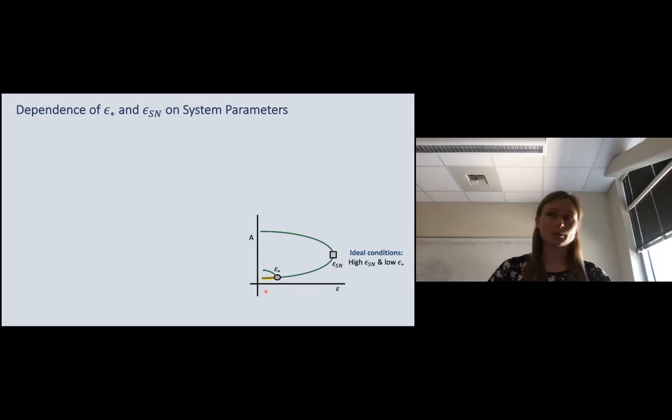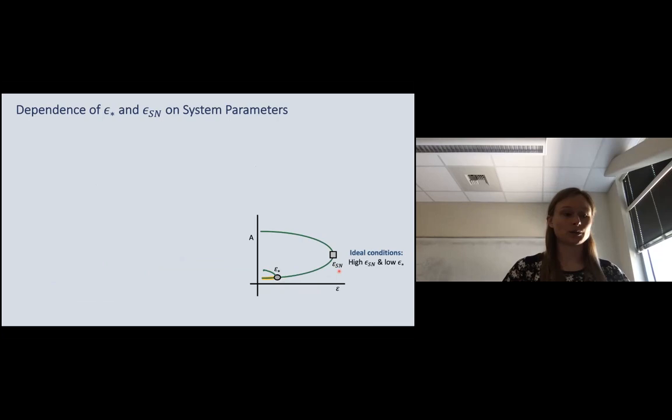So by setting the problem up using that truncated boundary value problem, we can compute the pattern, and we can also then continue the pattern in the system parameters. And so as we continue system parameters, not only is the location of this epsilon star going to change, but the location of that saddle node bifurcation is also going to change as well.